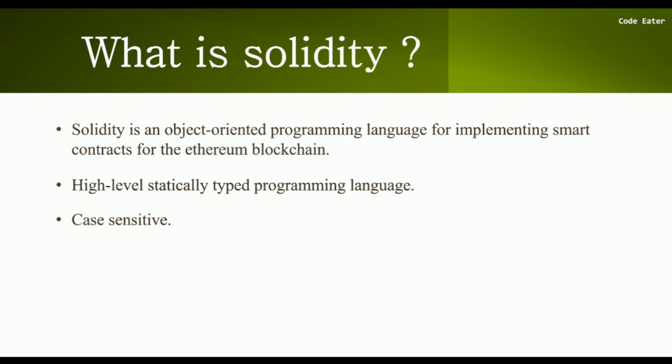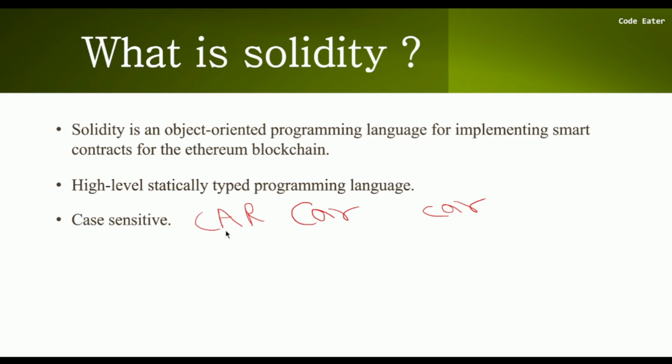It is case sensitive. Now, what do I mean by case sensitive? If we talk about Solidity, let's say we are declaring some variables. Let's say I declared one variable as CAR, one as capital C, then small a and r, and one in all small letters. So here you can see that we have written car in three different ways, right?